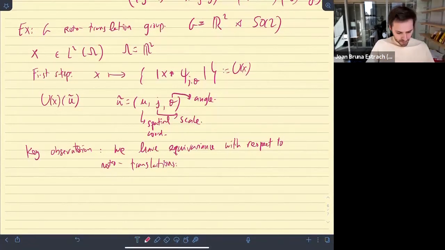Okay, so if I have a G, there is again a translation component and a rotation component.